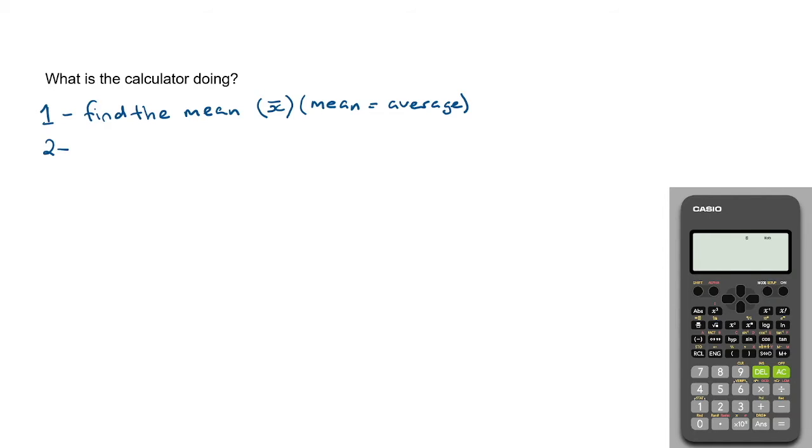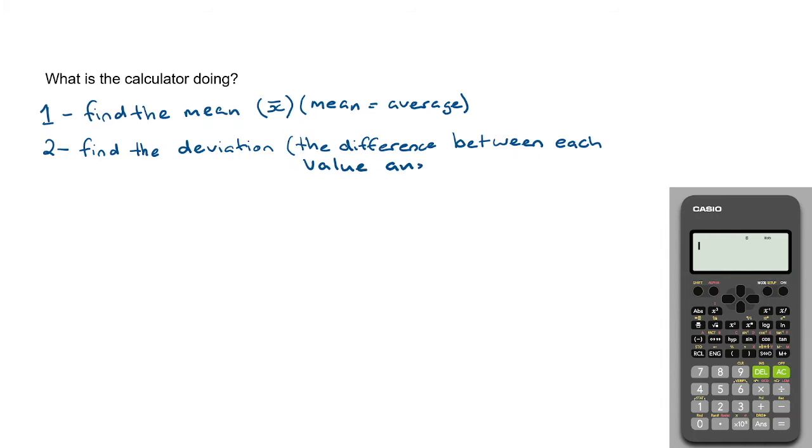Now this is the bit that is the deviation. So the calculator is going to find what we call the deviation. And the deviation is the difference between each value and the mean.